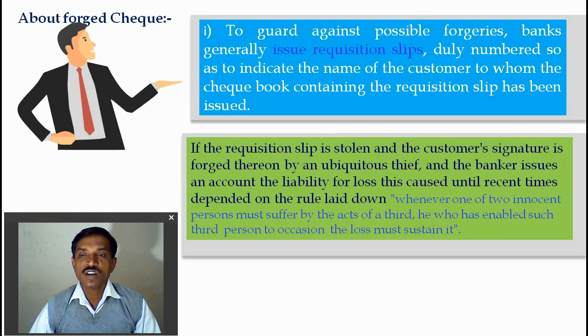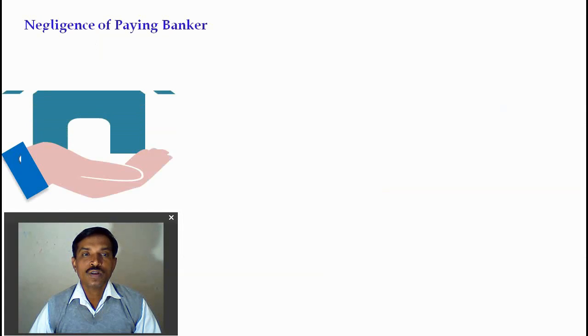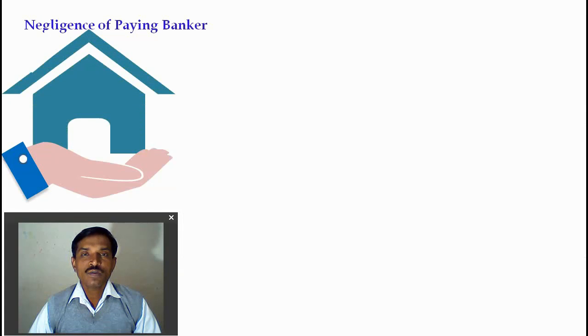Until recent times this depended on the rule laid down: whenever one of two innocent persons must suffer from the act of a third, he who has enabled such third person to occasion the loss must sustain it. So here we see the about the project.